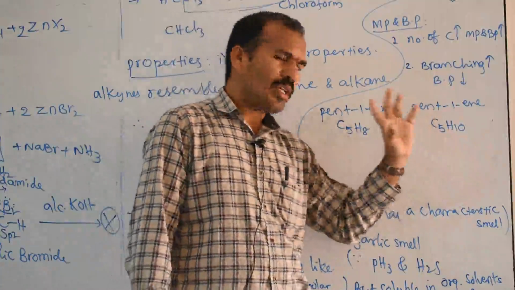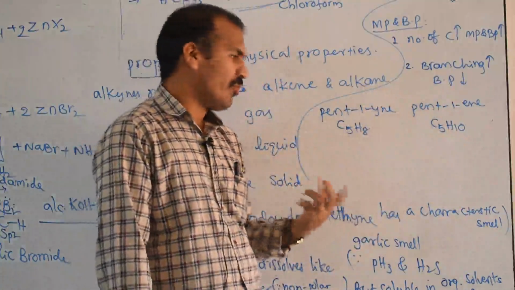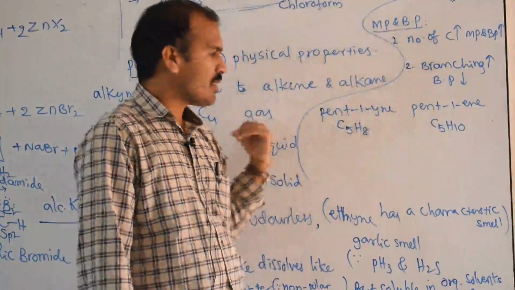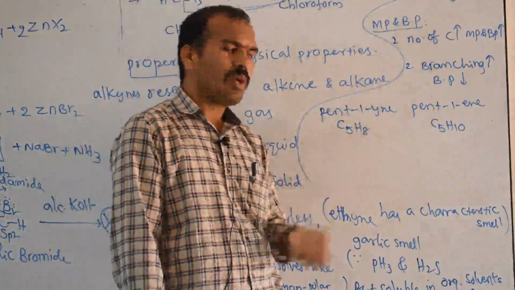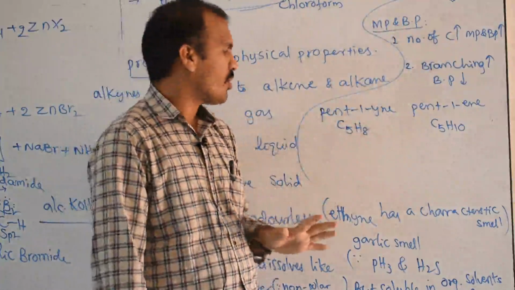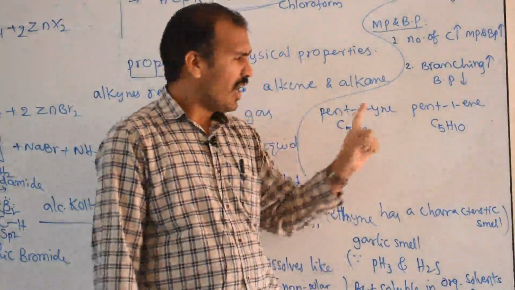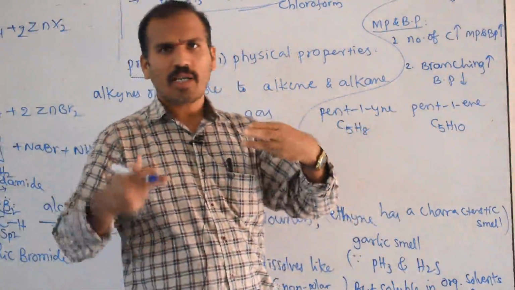Now both have near molar mass, so which has the higher melting point and boiling point? Anyway, melting points we discuss rarely, because only 1, 2, 3 compounds are studied here, so consider boiling point, or melting point also, no problem. These are comparable molar masses, meaning alkene and alkyne. Alkyne means triple bond, alkene means double bond.